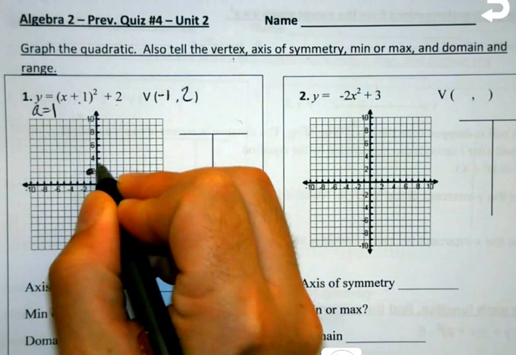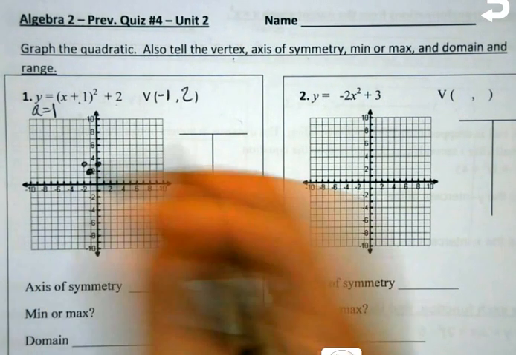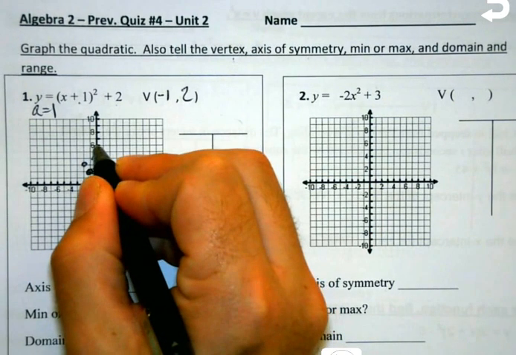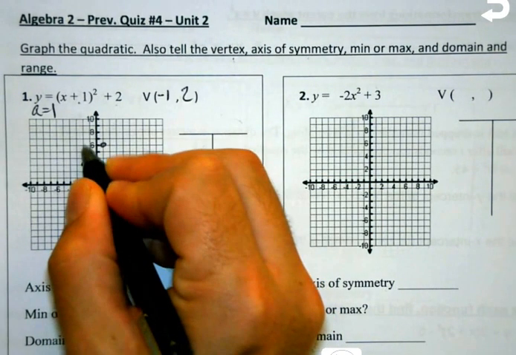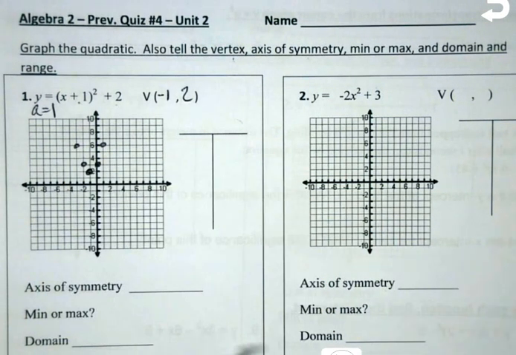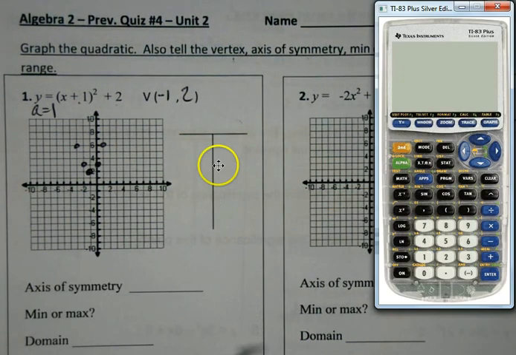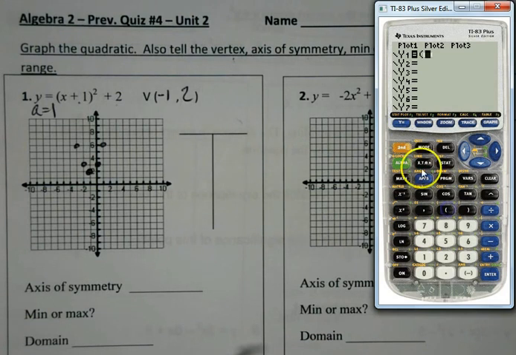So I'd go up 1 and over 1 each way, put a dot. I'd go up 3 over 1 each way and put a dot. And that'd make my parabola. If that's something I really don't want to deal with, here's my other option. I can plug it into my calculator.